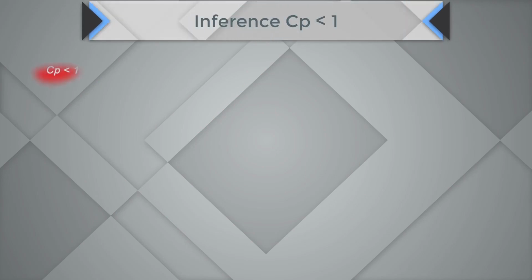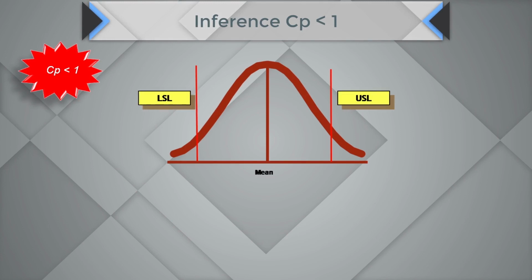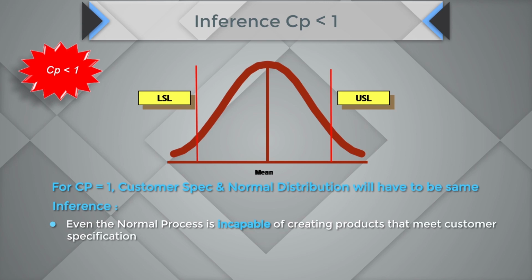When Cp is less than 1, it can happen only when, for a known USL and LSL, my normal distribution curve is bigger than the customer specification, which would mean that even a normal process is incapable of producing products that meet customer specification.